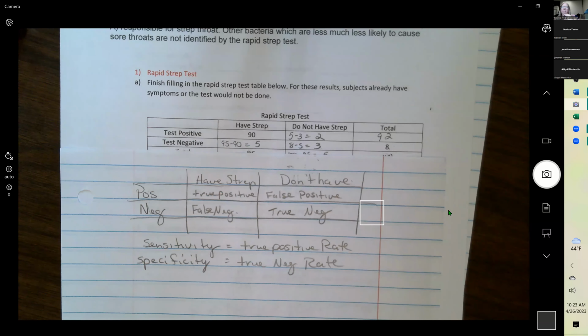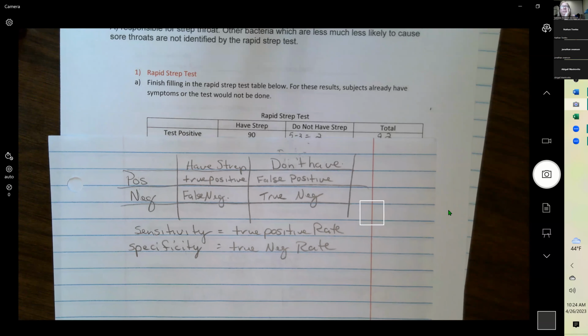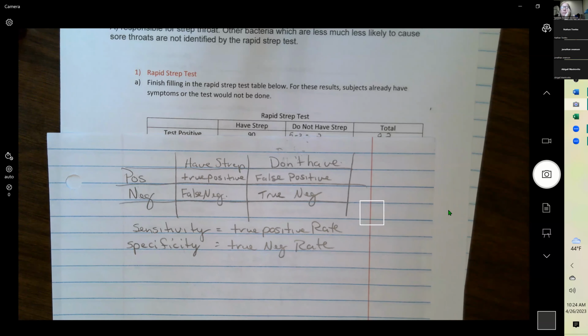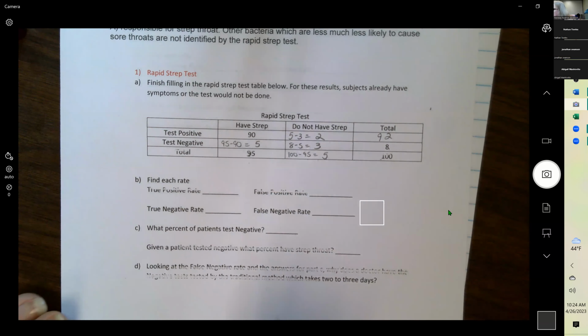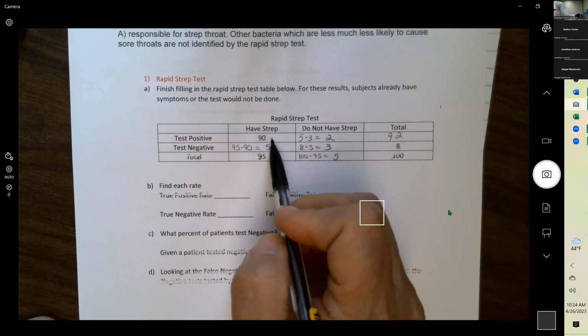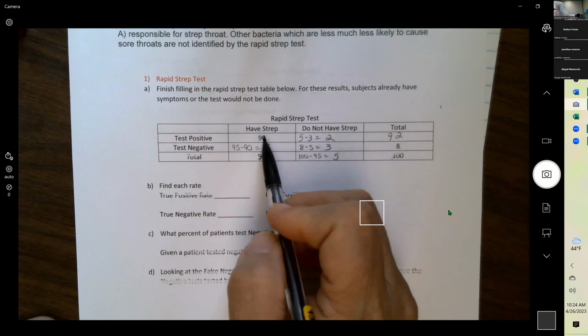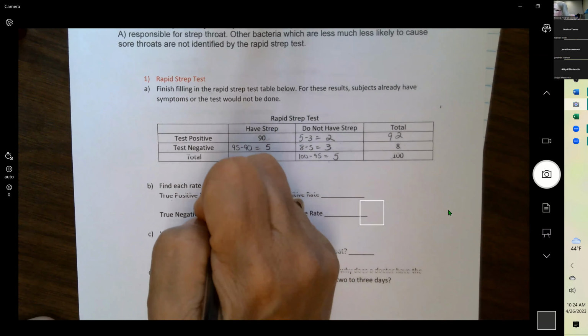We did this in chapter 5. I just forget which section it was. Probably 5.3 or 5.4. So if we want to find the true positive rate, that's here. 90, and always use the value below. 90 divided by 95.